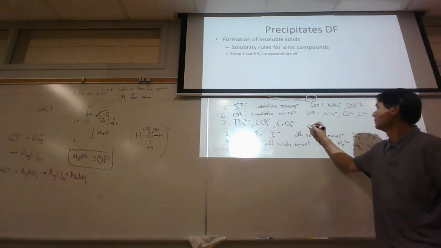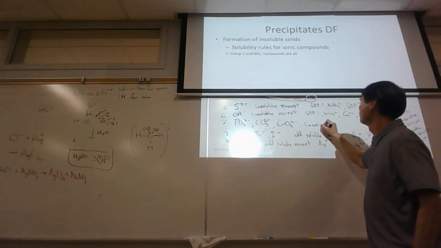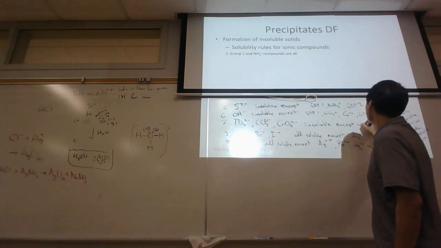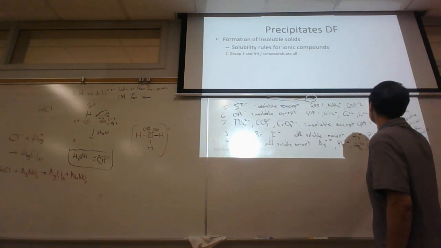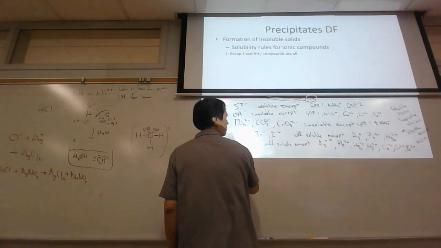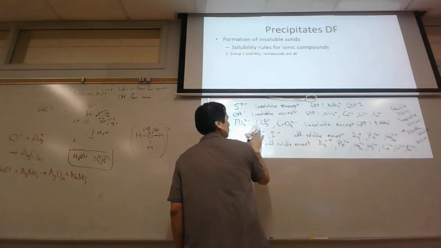These are all insoluble, except group 1 and ammonium. And so usually you look at rule 1 first and then any of the others in any sequence. It doesn't have to go in numerical order.